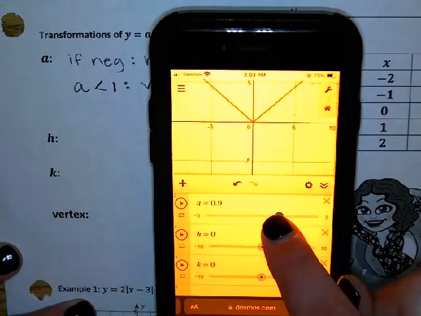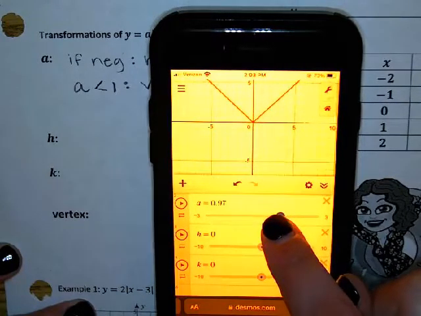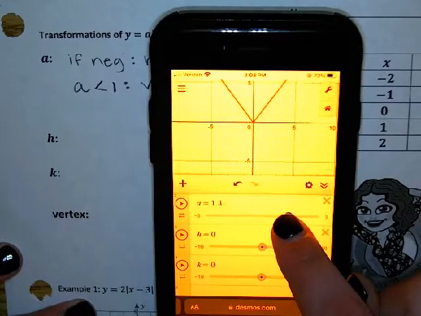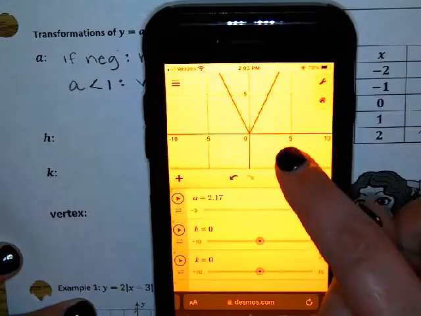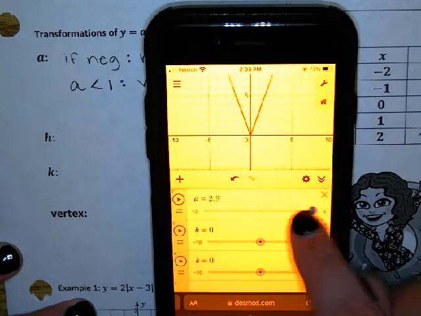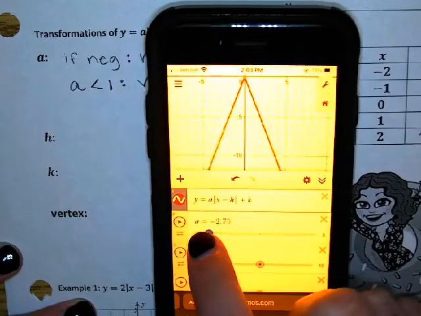And then if you get numbers that are bigger than 1, so 1 is actually a perfectly normal graph. No transformations to the height or the width there. That's just normal. And then as soon as we get over 1, you can see that the graph is going to get really, really skinny. So really tall, really skinny. Same thing on the negative side. We get those bigger numbers, we get a really skinny graph.